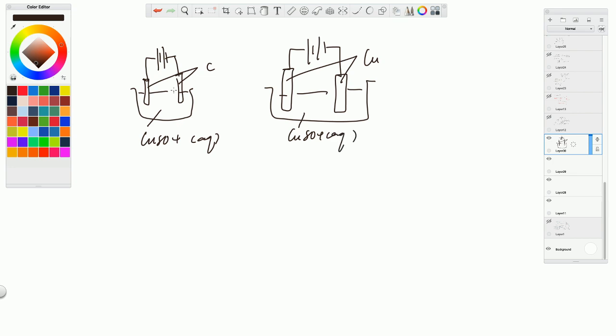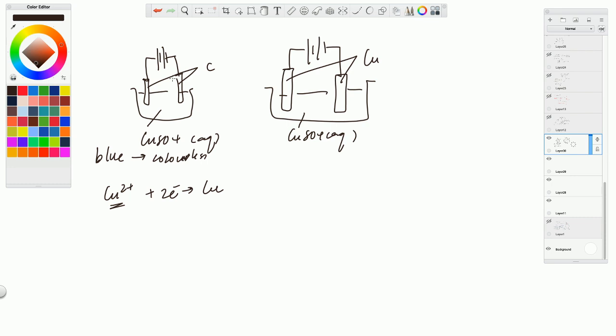This one, the color changes. It changes from blue, the intensity will decrease, and eventually it will become colorless. That's because the copper ion is discharged at the cathode. The copper ion is the one that makes it blue.